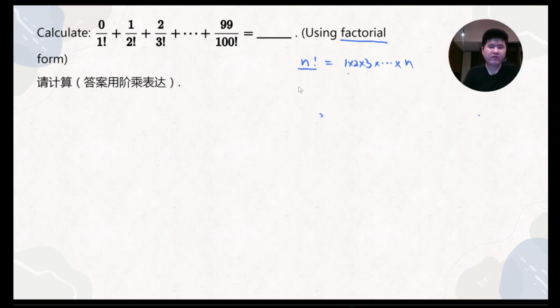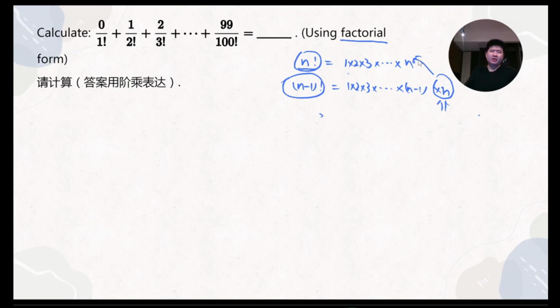So if we have n minus 1 factorial, what's the relationship between this one and this one? N minus 1 factorial equals 1 times 2 times 3 multiplied until n minus 1. So if we multiply another n, it just becomes the factorial of n.